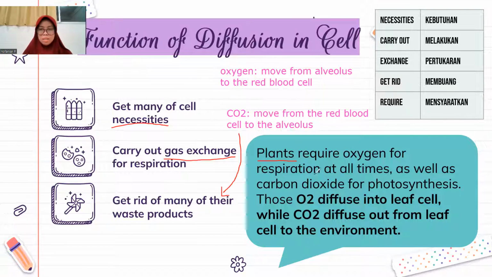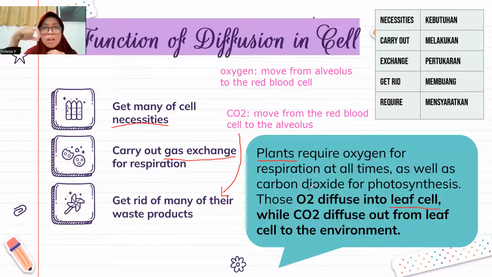Okay, still about the oxygen and carbon dioxide, but the position differs. They don't have lungs, they don't have alveolus, so the exchange, the diffusion of the gas, happens in the leaf cell, where the oxygen is produced from the process of photosynthesis. So inside the leaf cell, the concentration of oxygen is higher than the outside.